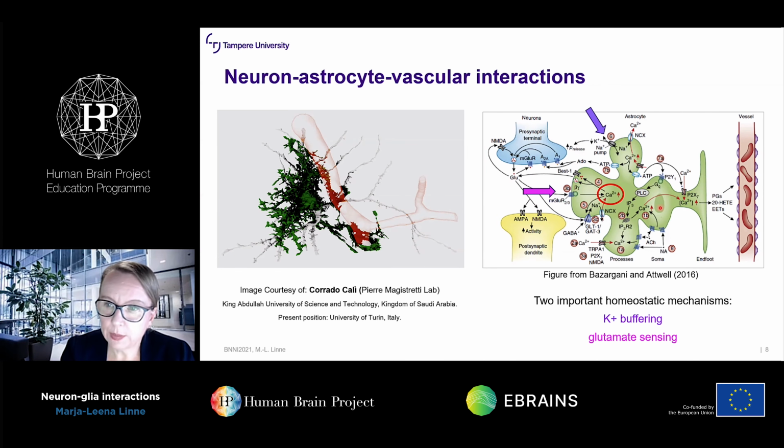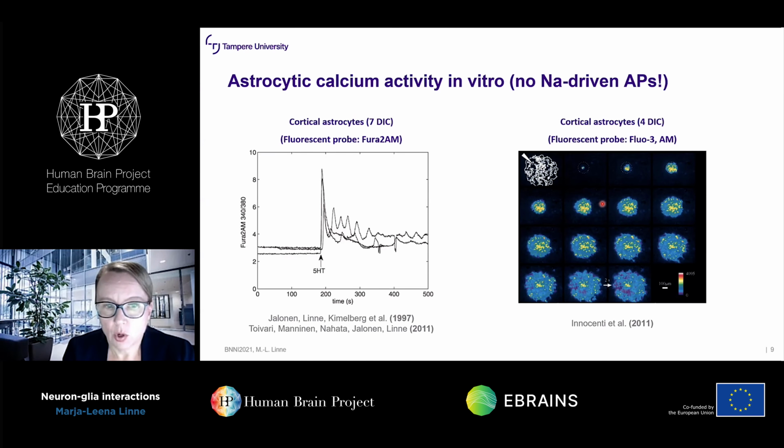What is interesting with this complexity is that almost all these mechanisms and signaling pathways seem to, one way or another, be linked with calcium signal in astrocytes, soma and processes. And this is something we look at next. As early as 1990, we were able to measure this kind of calcium activity in astrocytes in in vitro cell cultures.